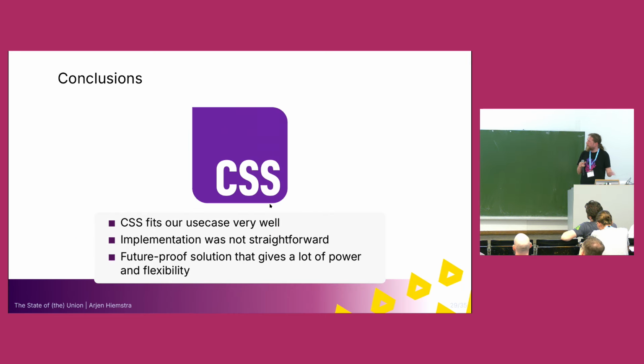So, in conclusion, I switched to CSS for input for Union. Despite the issues with the crate, I think it's a good choice. It's a choice that long-term will benefit us.